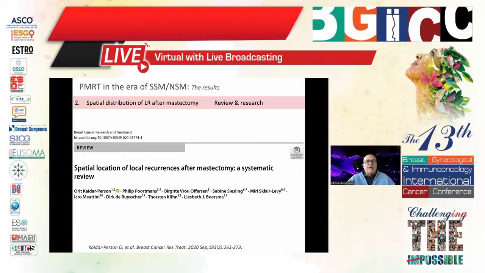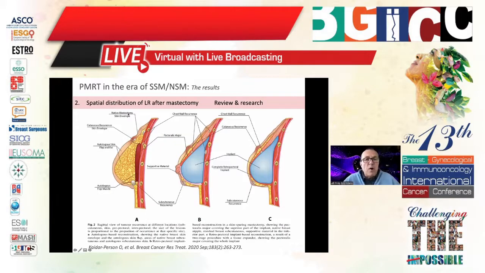Then how is the location of local recurrences distributed? Breast Cancer Research and Treatment, also 2020. Most is in the subcutaneous space where the draining lymphatics are. So that's where you see them.